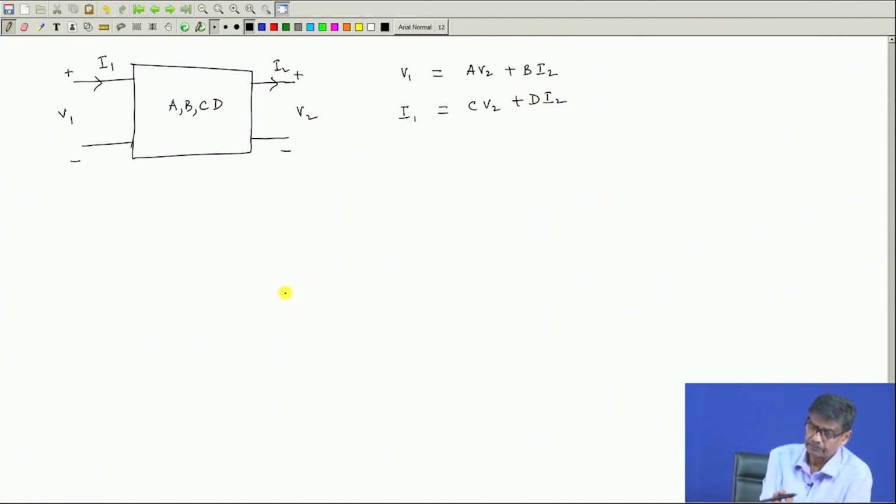But what if this network is to be symmetric?